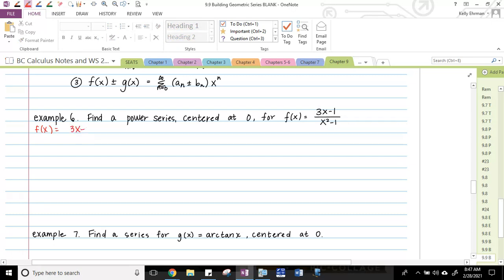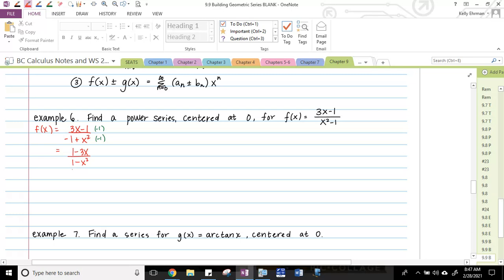We can't just switch it around, but the denominator would be negative 1 plus x squared. Now, instead of having 3x minus 1, what if I just multiply everything by negative 1? That would be 1 minus 3x over 1 minus x squared.